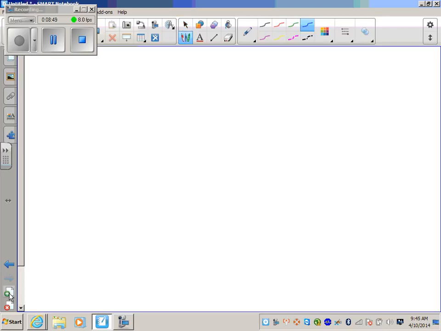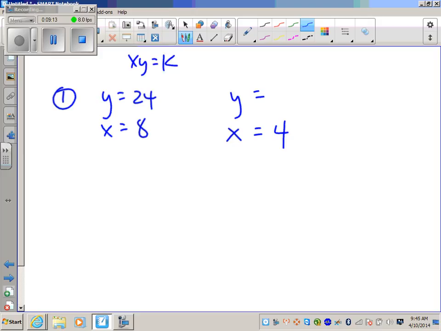Okay, let's look at written number 1. If y is equal to 24 when x is equal to 8, find y when x is equal to 4. Let's throw these equations up here. xy equals k. y is equal to k over x.